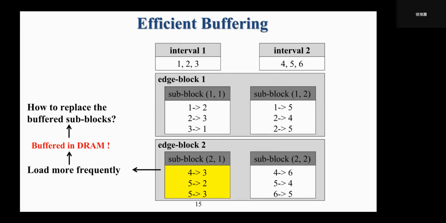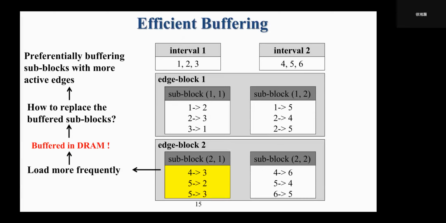It requires us to design a replacement strategy for the buffered subblocks. Specifically, we judiciously buffer the subblocks based on their priorities. The priority of a subblock is determined by the number of active edges in this subblock. Therefore, during the processing, the buffered subblock with the lowest priority will be evicted.